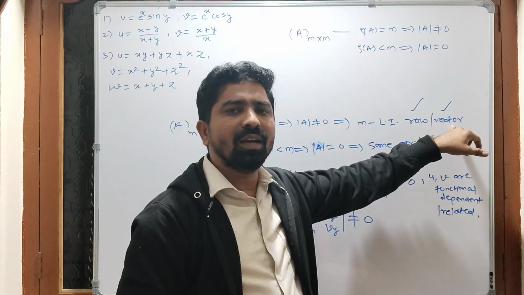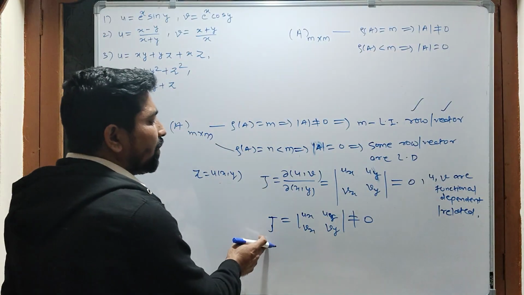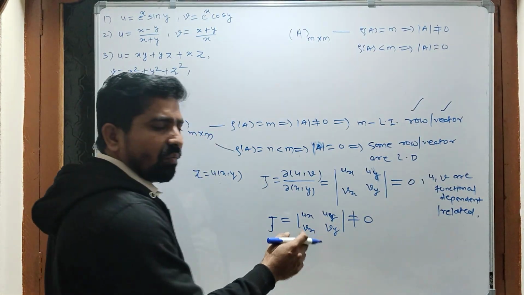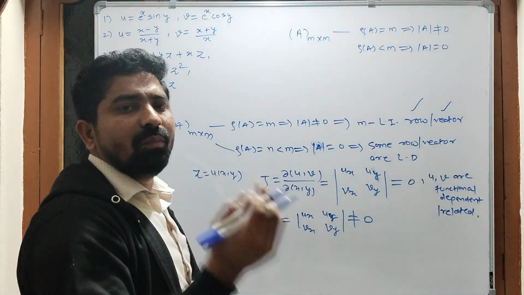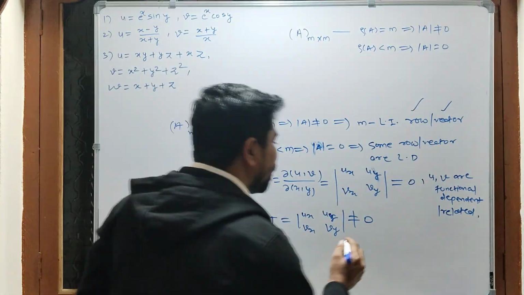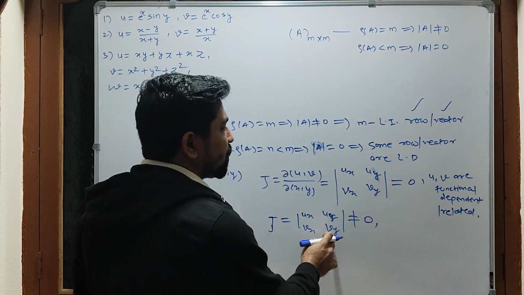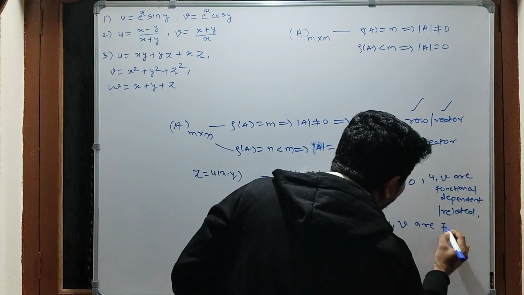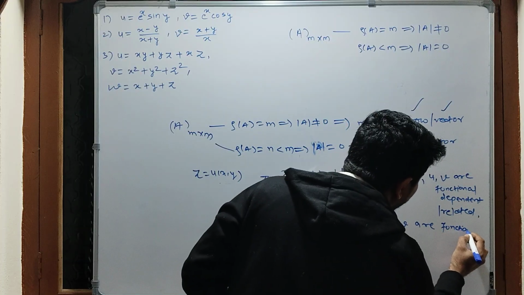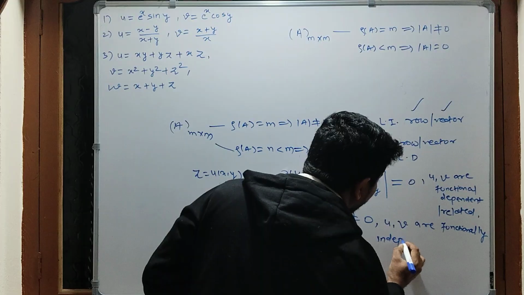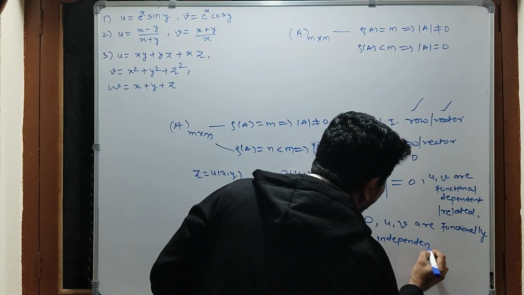So here, if the determinant is not 0, your functions u and v are linearly independent, that is functional independence. Therefore, if the Jacobian is not 0, then we can say u comma v are functionally independent.